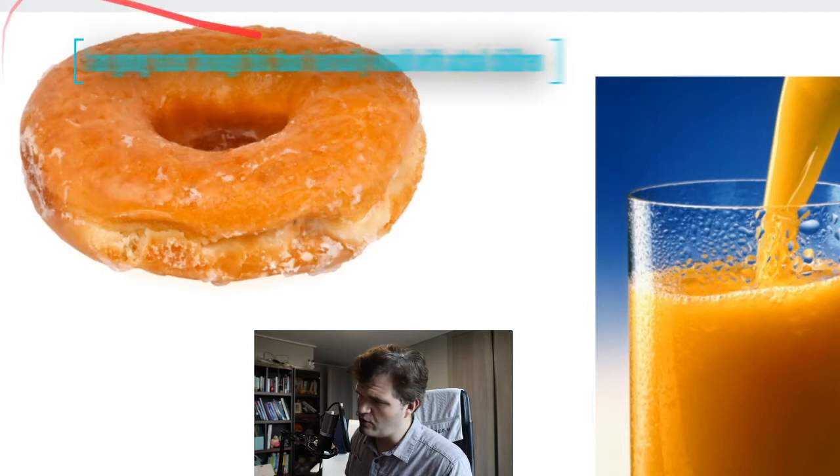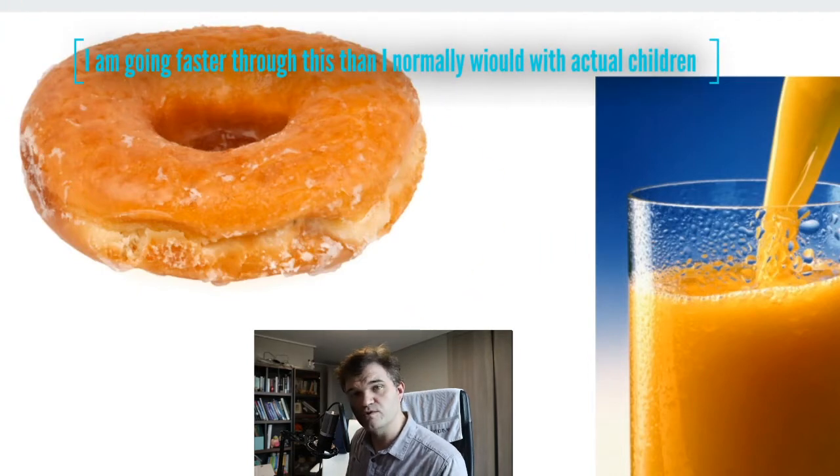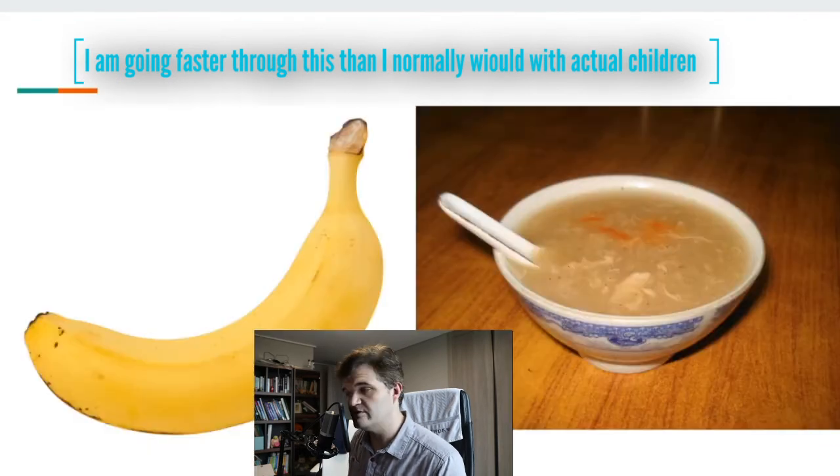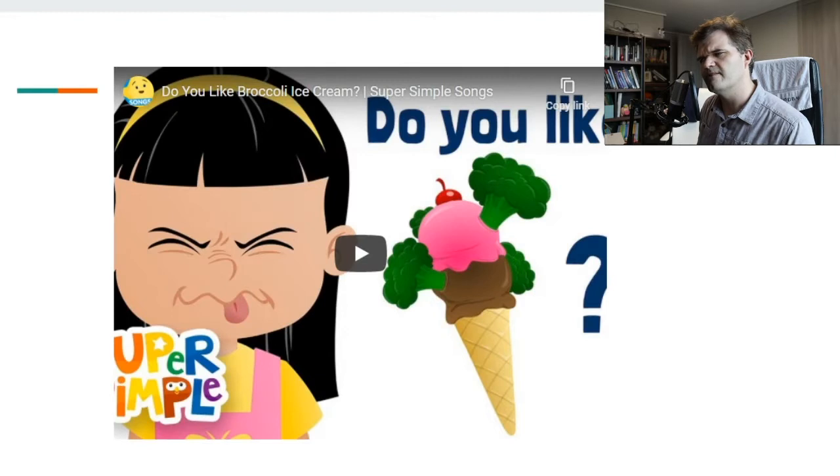Well, now we got a donut and orange juice. Do you like donuts? Do you like orange juice? Popcorn and pizza? Banana and soup? Now, let's listen to this song and see how it goes.